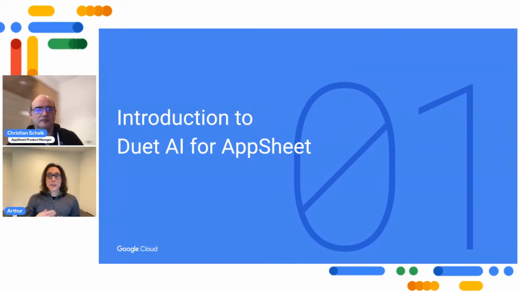Another example is that Duet AI is available in AppSheet, but it's not the same as Duet AI for Workspace. If you're a Workspace customer and you use Duet AI to help you write or generate images, this is going to be different and tailored to AppSheet.